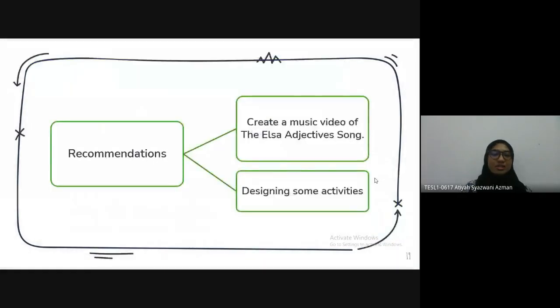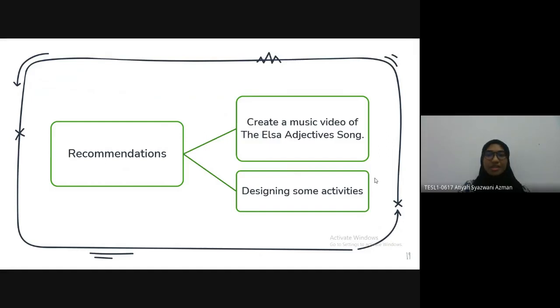So for the recommendations, here are two of the recommendations that the researcher has. The first one is to create a music video of the Elsa Adjective song, and the second one is designing some activities for the song. Create a music video because I used the Elsa Adjective song only as audio, which is MP3, not in MP4 format.